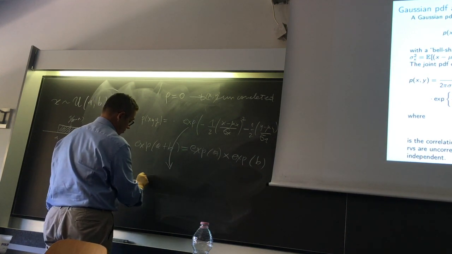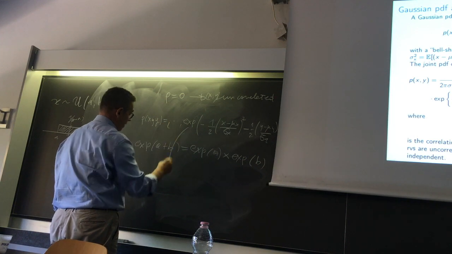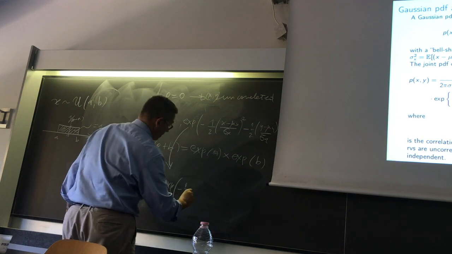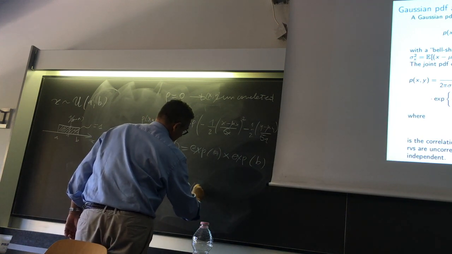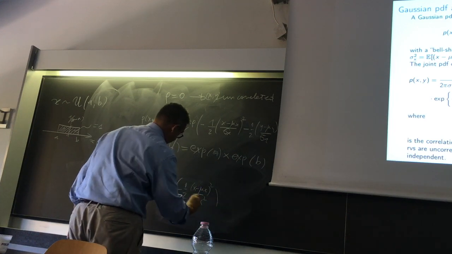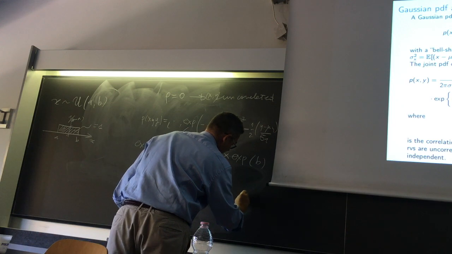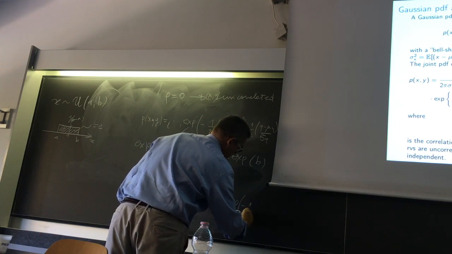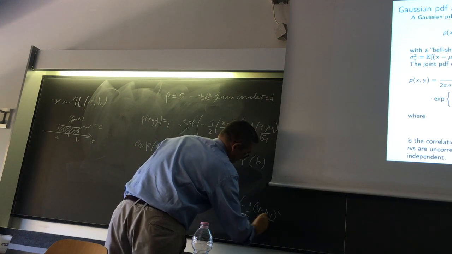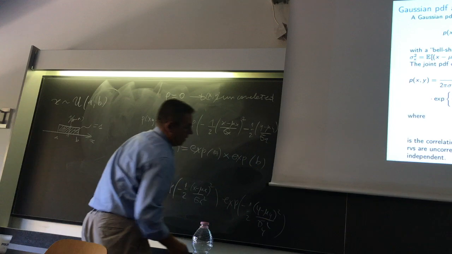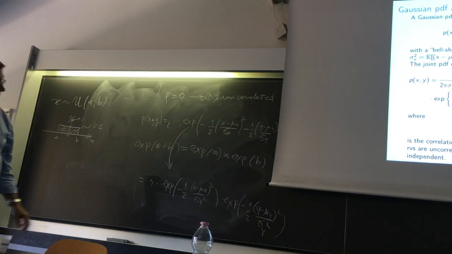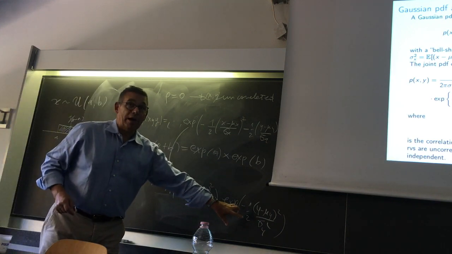This one is equal to the scaling factor times exponential of minus 1 half x minus mu x, and the other is exponential for the same argument. So if I go on the line above, that is exactly the PDF of x and the PDF of y.